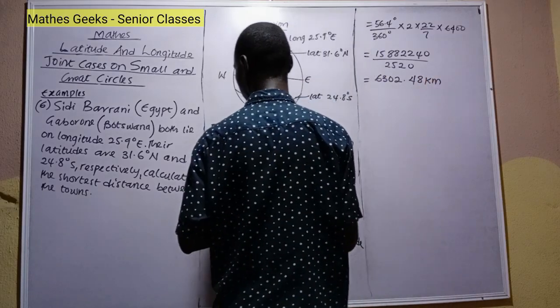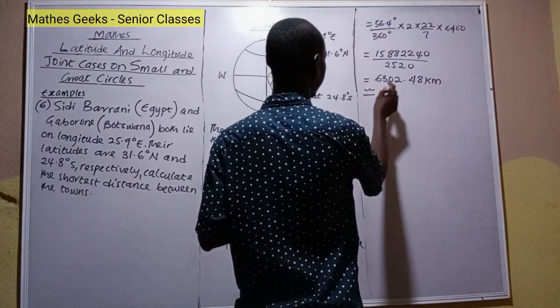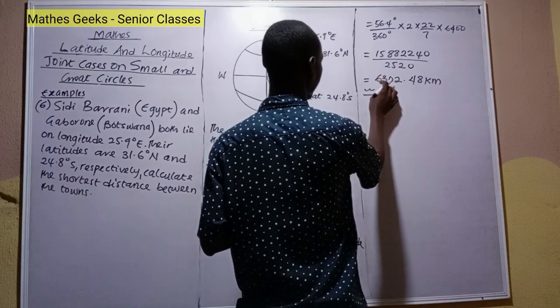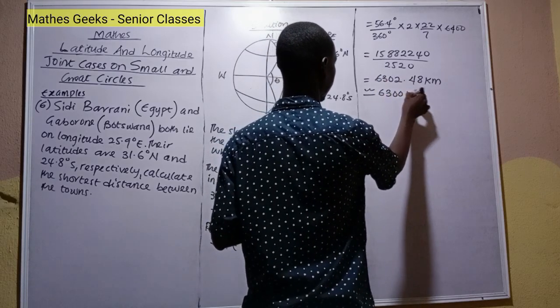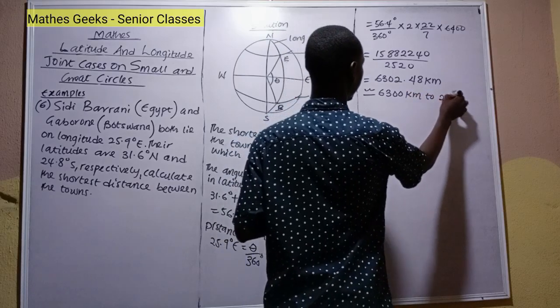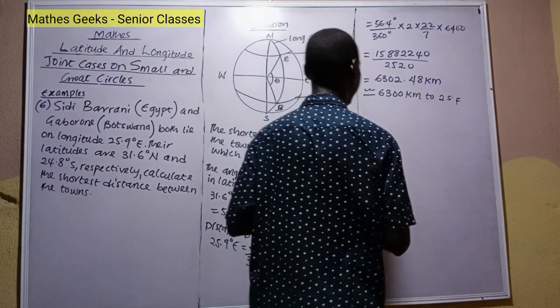So I'm going to correct the answer to the nearest three significant figures, or to the nearest two significant figures: 6300 kilometers to two significant figures.